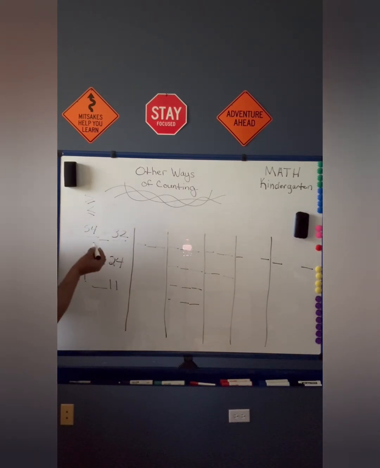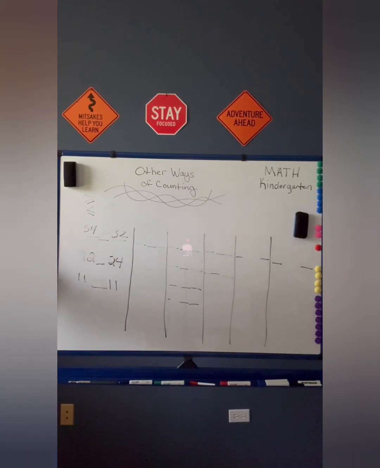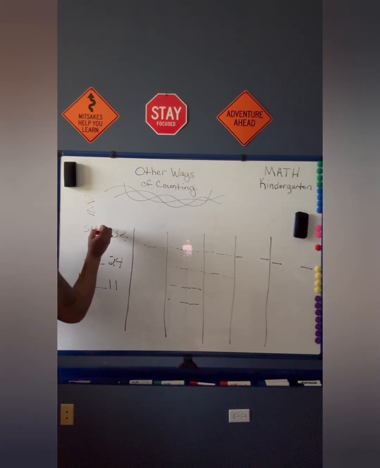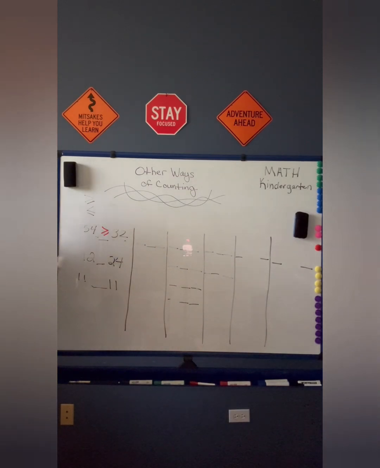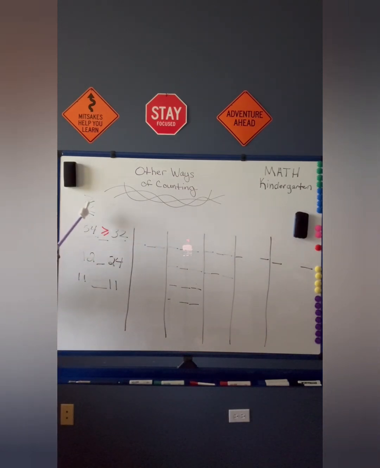We know it ain't equal, but 54 is greater than 32, so we're going to use the greater than or equal to symbol. It's not equal to it, but it is greater than 32. And the question may state, is it greater than or equal to or less than or equal to? And we're going to use 54 is greater than or equal to 32.